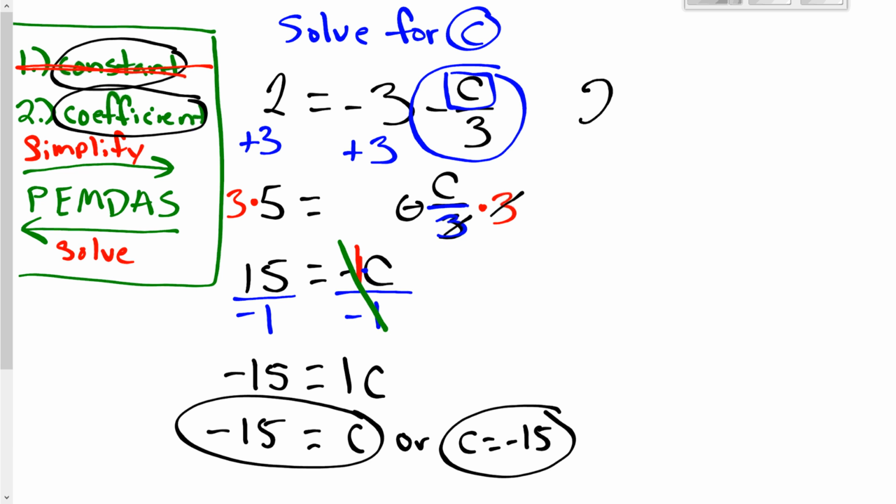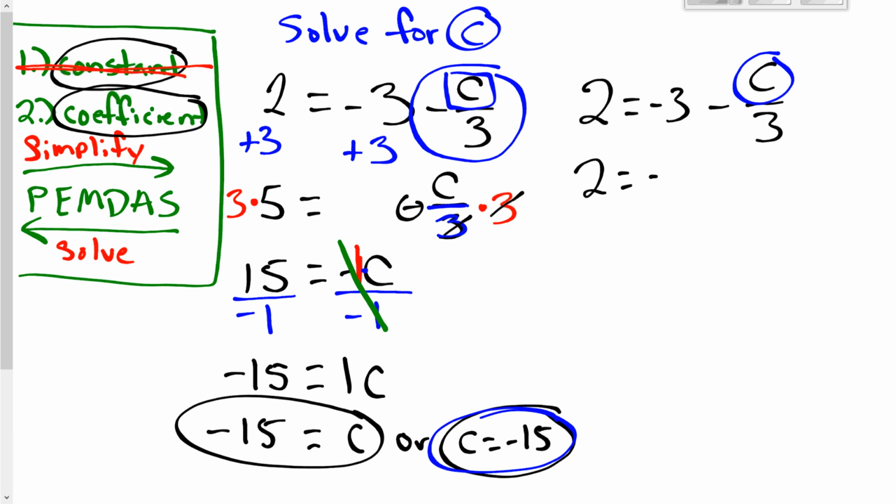Start with my original equation: 2 equals negative 3 minus c divided by 3. We are going to replace, or substitute, c with negative 15: 2 equals negative 3 minus negative 15 divided by 3.